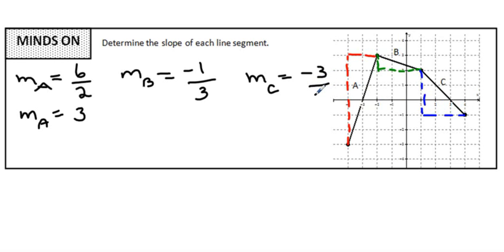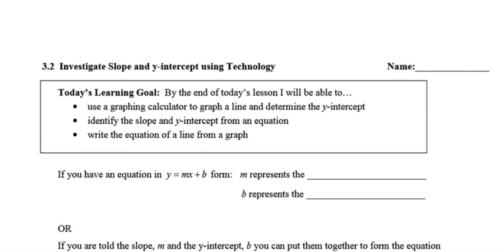That's positive 3. And then we wouldn't leave it as negative 3 over 3, because negative 3 over 3 simplifies to negative 1. Okay? All right, did you get those all right? I hope so. That's definitely an expectation that we have, that you can determine the slope of a line segment from a graph. All right, so let's start the lesson.